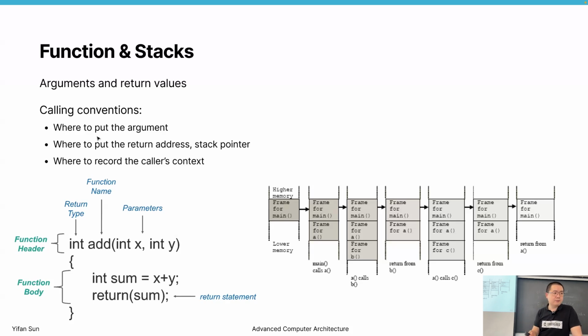Do we put them in a part of memory, or do we use registers to pass the arguments around? Where do we put the return address and the stack pointer? Is it part of the stack, or part of the memory, or in the register file? Where to record the caller's context, and what type of context to record, is all defined by calling conventions.